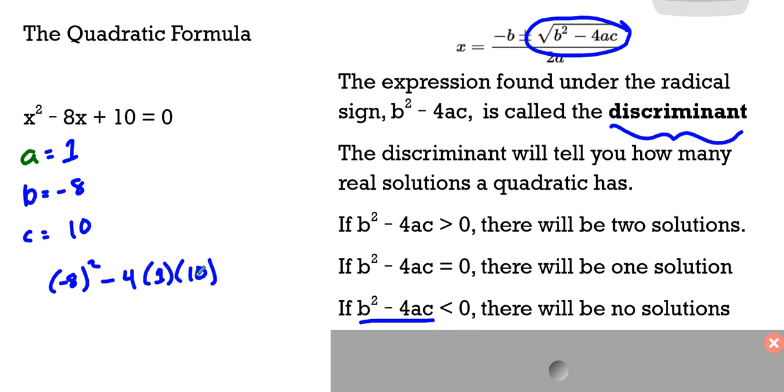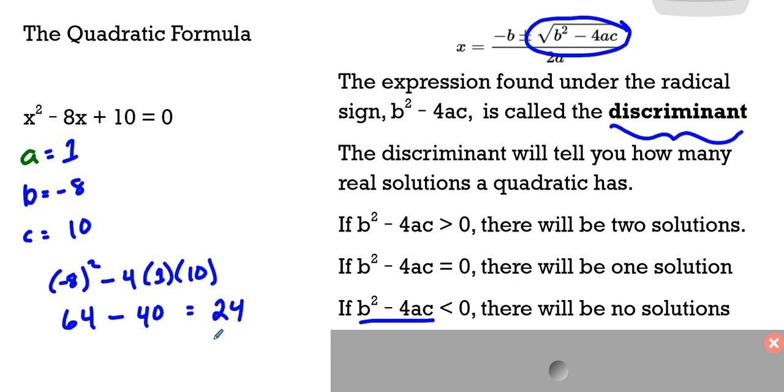We don't find the square root, we just find this number, and that becomes 64 minus 40, which is 24. What the number is is not as important as whether it is positive or negative. And since it's positive, we know there's two solutions, and we already found out earlier what they are.